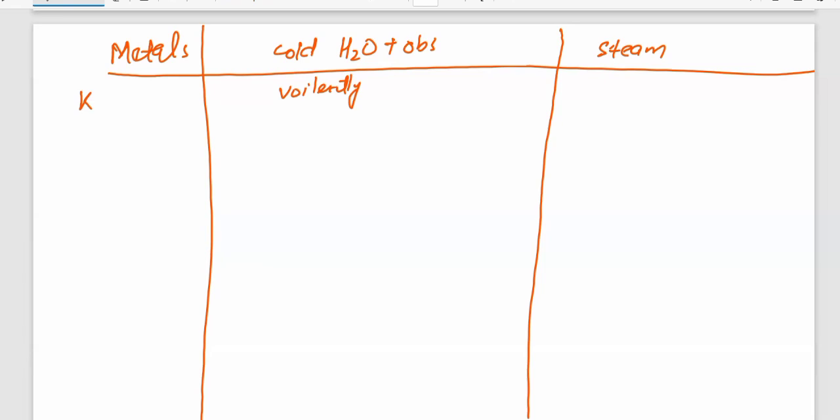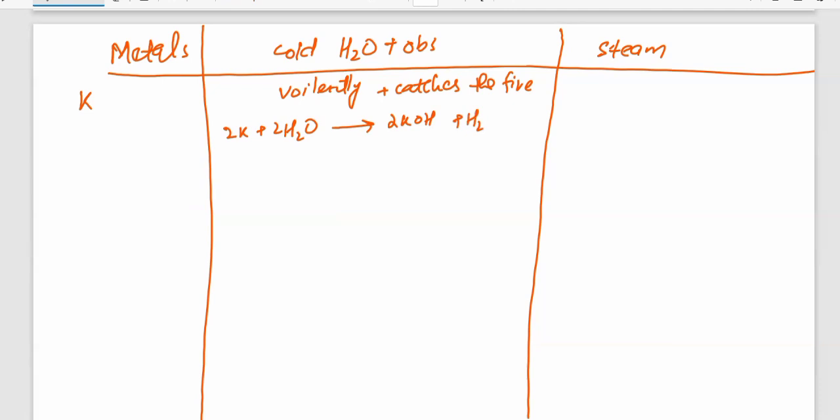Enough heat is produced that it catches fire. So 2K plus 2H2O gives 2KOH plus H2, and a lot of heat is released, and it catches fire.